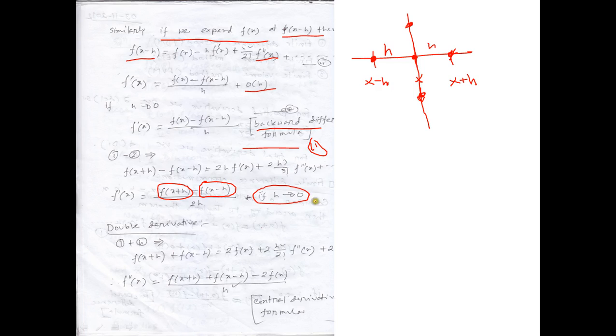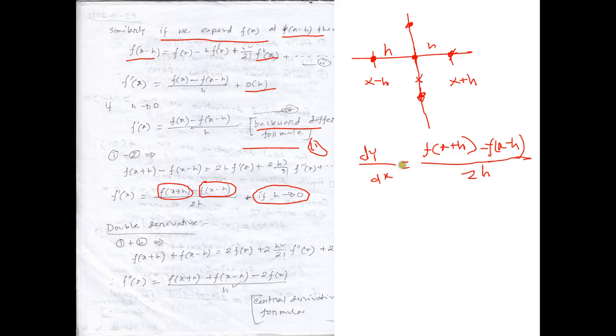Okay, so we have got three different formulas for the same thing. We can write dy by dx equal to f(x plus a) minus f(x minus a) divided by 2a.